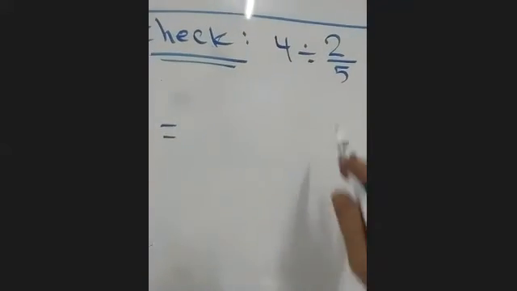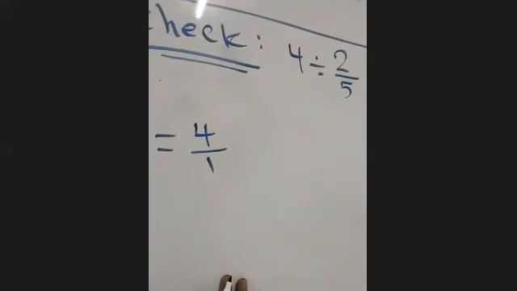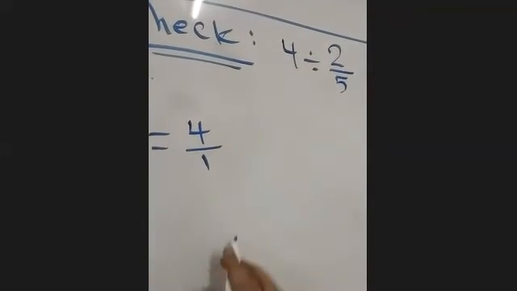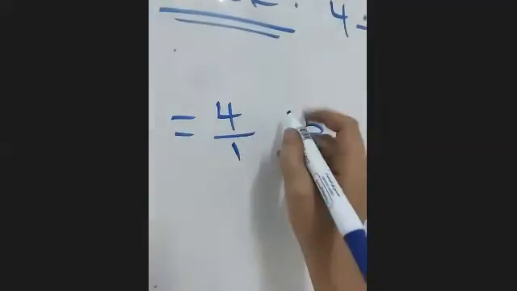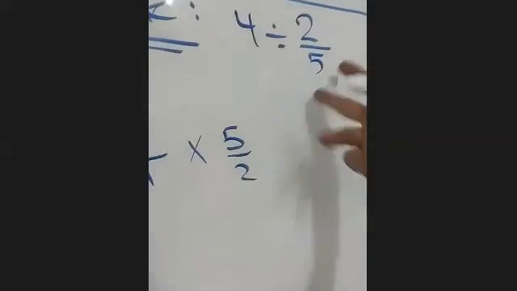4 divided by 2 over 5. Yes, we will turn 4 to a fraction, 4 over 1. Then divided by 5 over 2, like this. Excellent. No, we will turn the division to multiply. Yes, we multiply with the reciprocal of the second fraction.